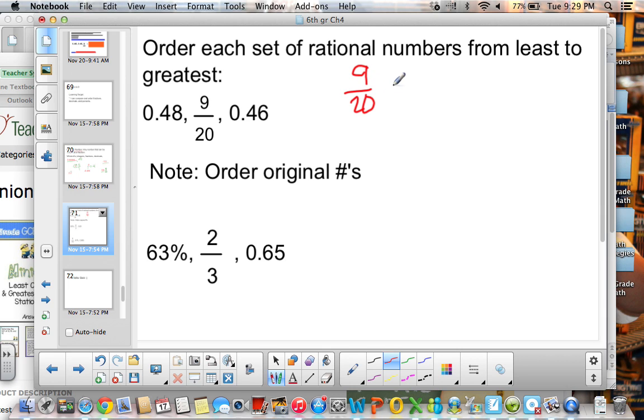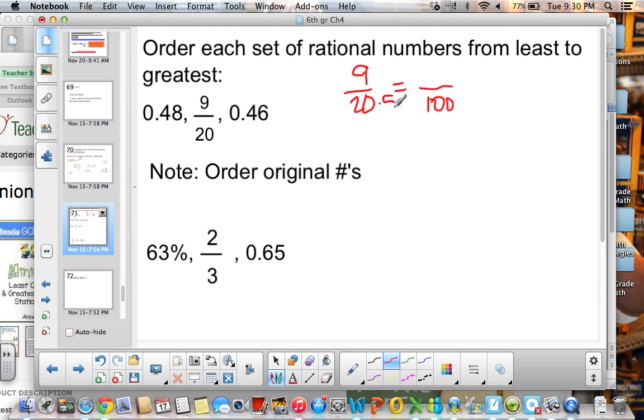If we remember, the easiest way to convert a fraction into a decimal is to find an equivalent fraction with a 10 or 100 or 1,000 in the denominator. We know that 20 goes into 100.